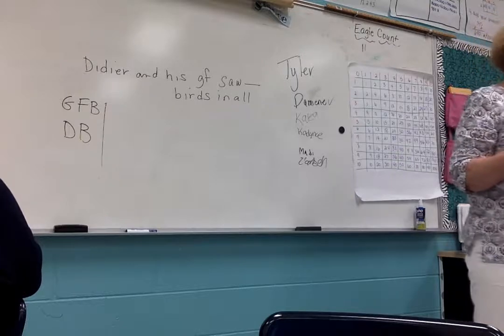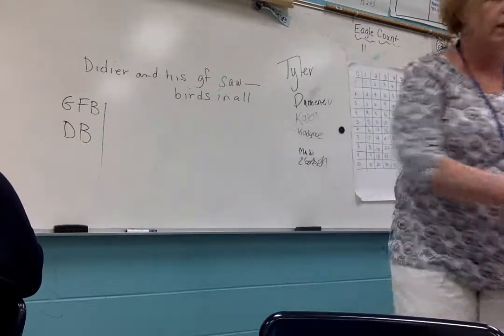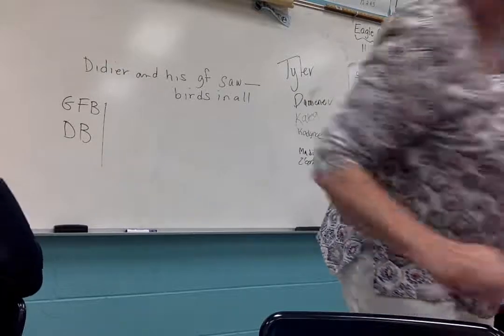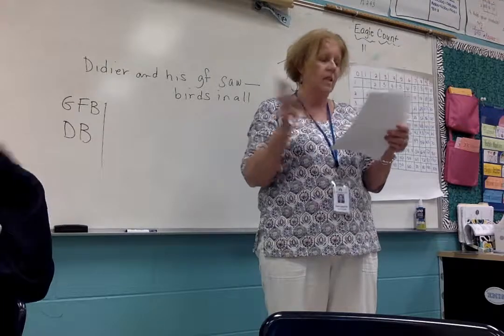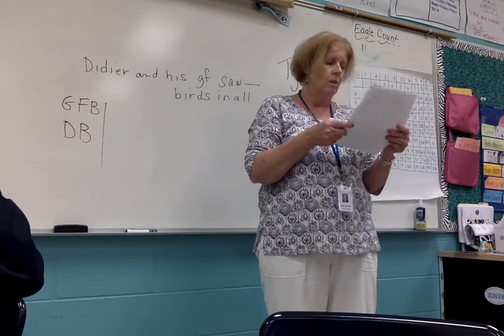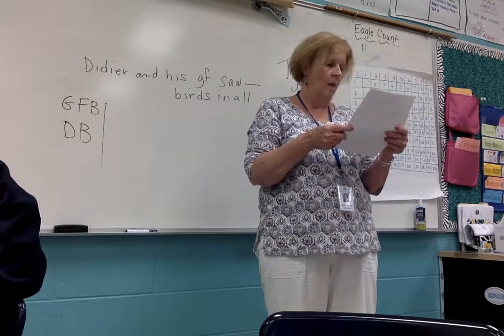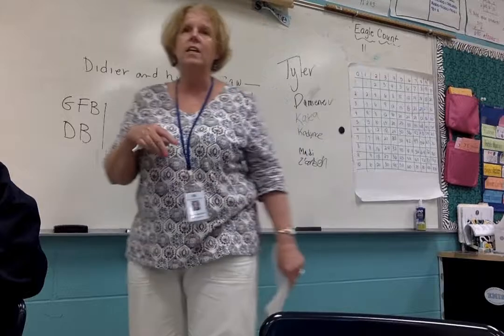What do I know? What do I need to know next? I've taken out that first statement. You need to know Didier. I know that name just throws people. Girlfriend saw 53 more birds than Didier. So the girlfriend, let's think it through.